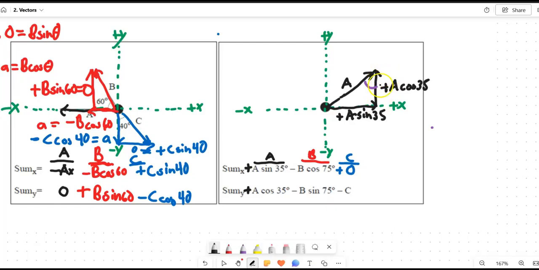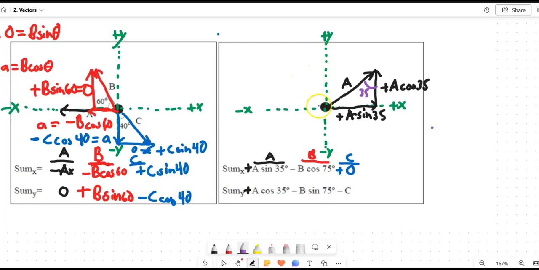The cosine side always touches the actual angle, 35 degrees. So if I choose this as my 35 degrees, then this side is going to be the opposite side, which is sine, which works.